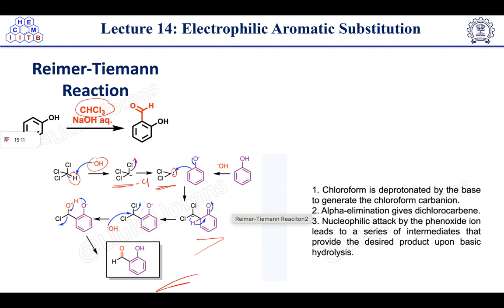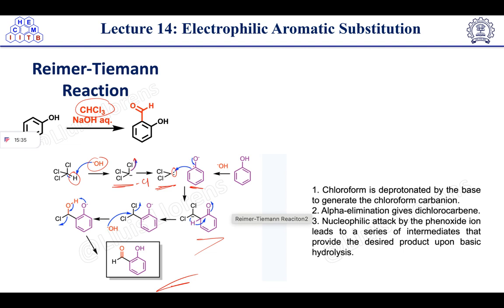After this carbene formation, this will react with phenol. In phenol, the proton abstraction will take place by base here also, because base will abstract the proton from phenol and make it an oxyanion. Now after the formation of the oxyanion, double bond formation will take place here.